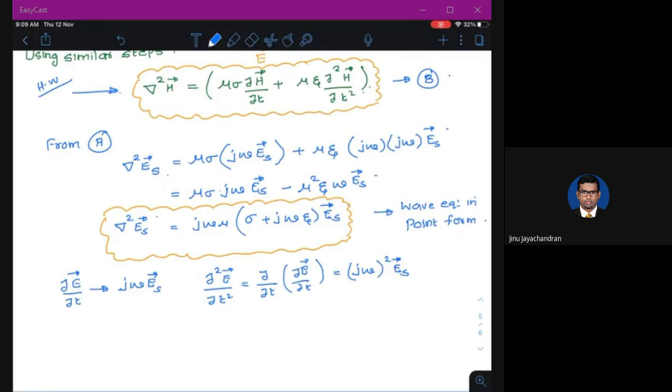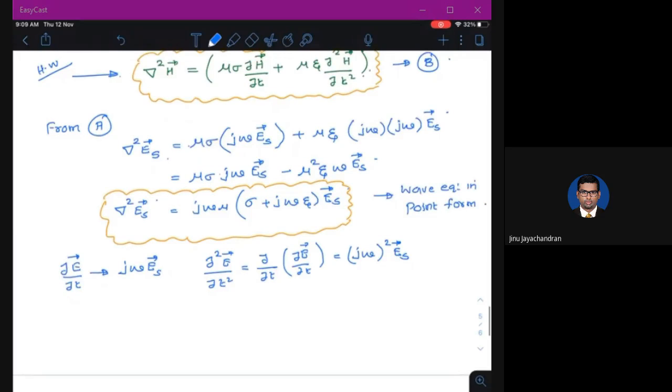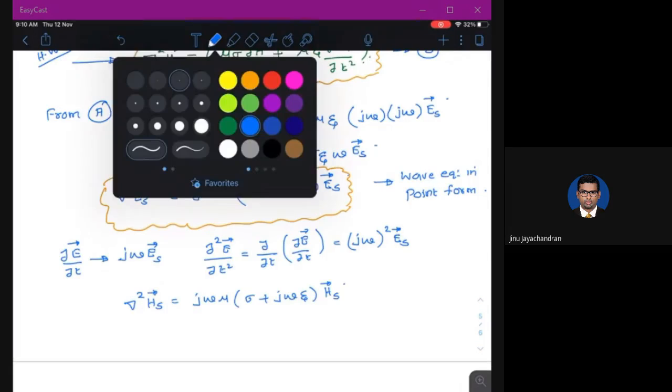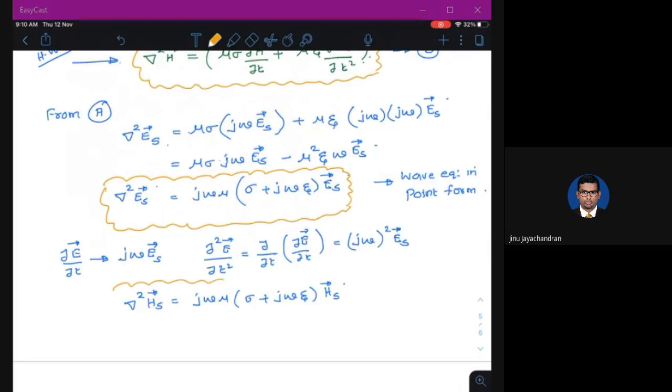Okay. Similarly, I can write del square HS is equal to J omega mu into sigma plus J omega epsilon HS. So these are the wave equations in point form with respect to the electric field and the magnetic field in the phasor forms actually. Okay.